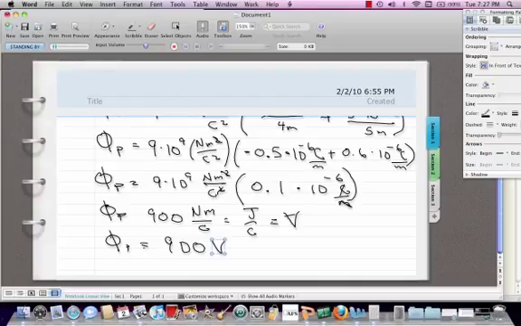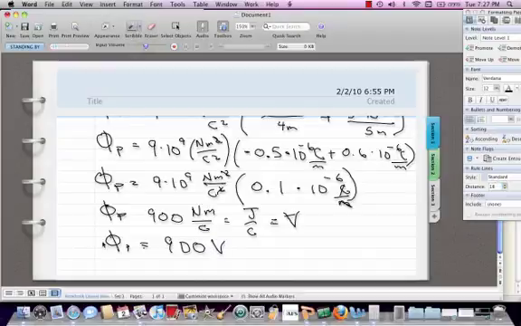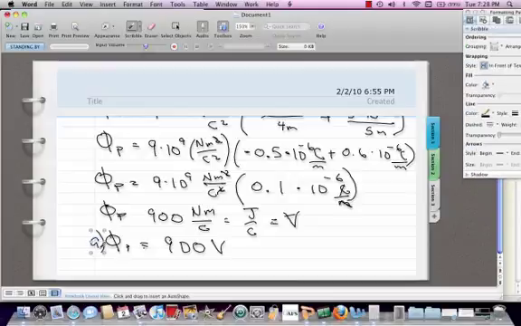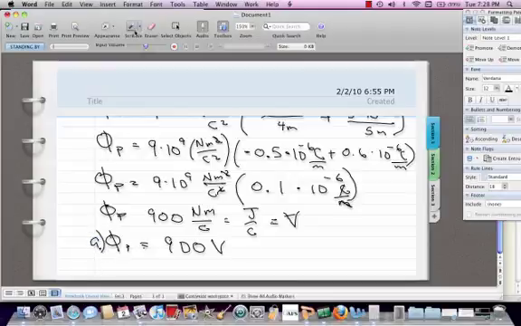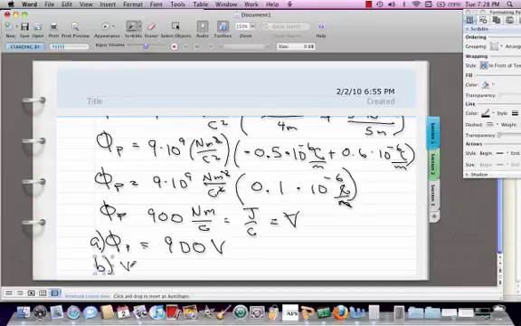So this is part A. And part B, to calculate the work, the work is equal to the potential energy final minus the potential energy initial.